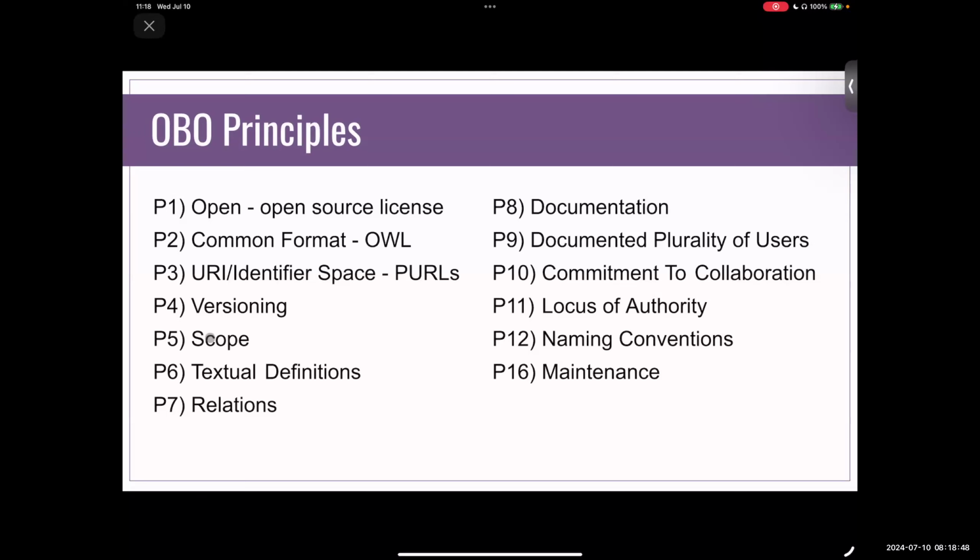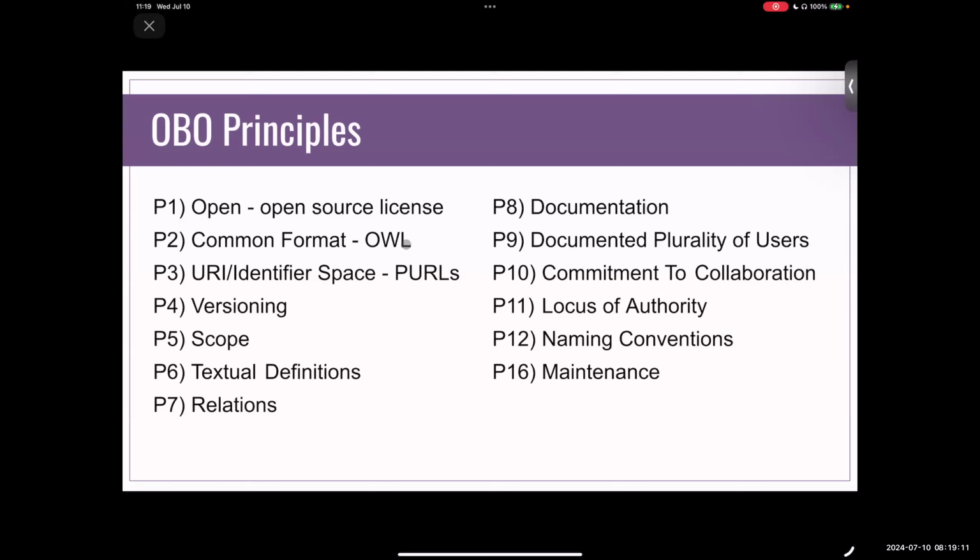We try and have quite focused scopes for each of the ontologies and use a divide and conquer approach. So the protein ontology focuses on proteins, and the ChEBI ontology focuses on chemicals, and then they reuse each other's terms. Lots of other things like documentation and naming conventions and other things that just help make life easier.